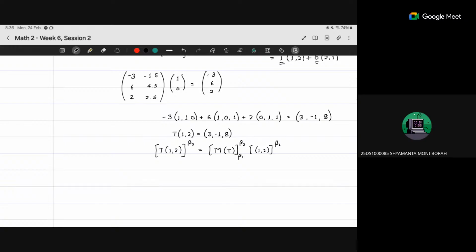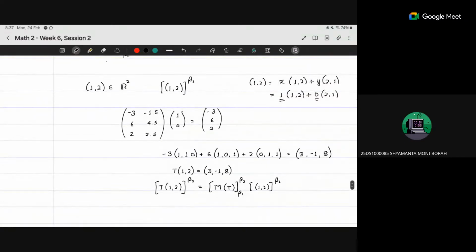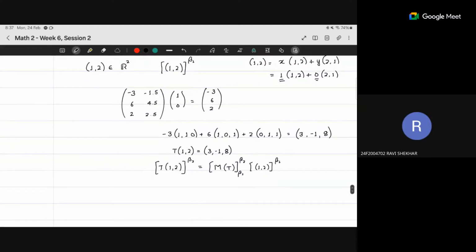But what is the coefficient vector of 2, 1? 2, 1 is already a basis vector, right? It will be 0, 1. It is 0 times 1, 2 plus 1 times 2, 1, because it is ordered. So it will be 0, 1.